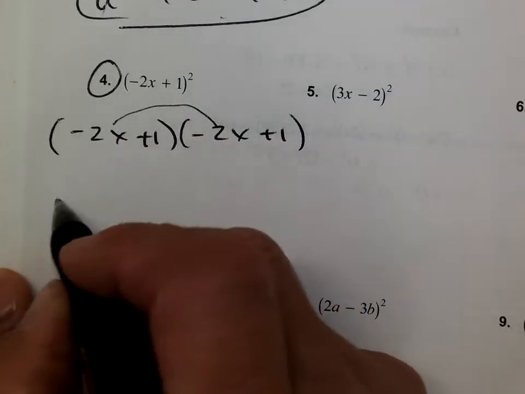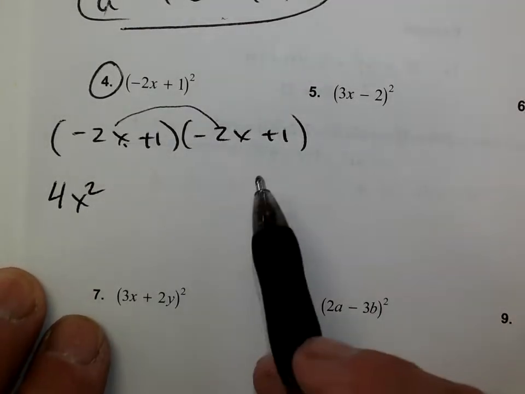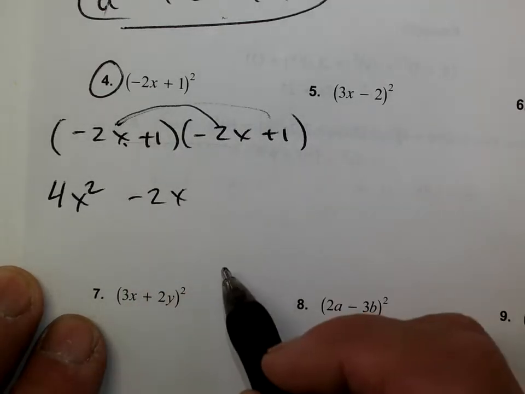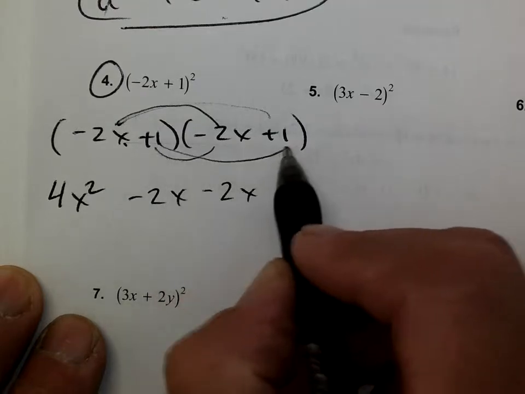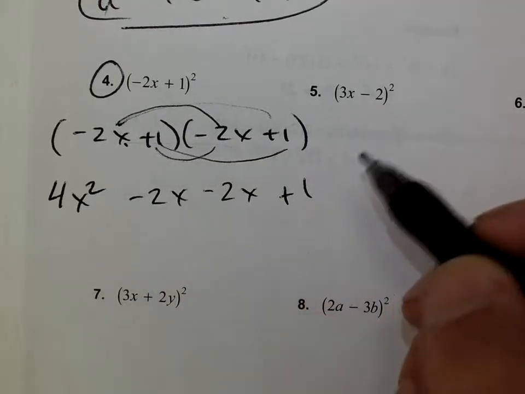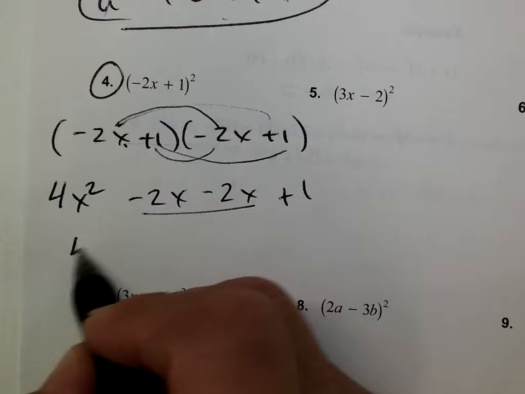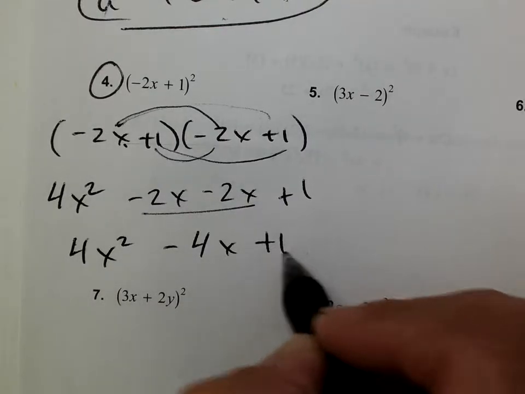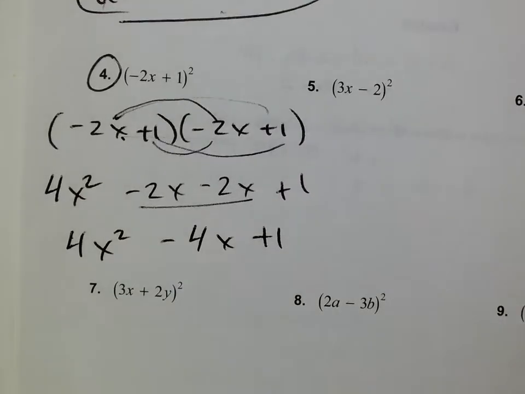That times that is a positive 4x squared, since a negative times a negative is a positive. We'll get a negative 2x, another negative 2x, and a positive 1. Then we combine the middle two terms and get 4x squared minus 4x plus 1. Everybody okay with that?